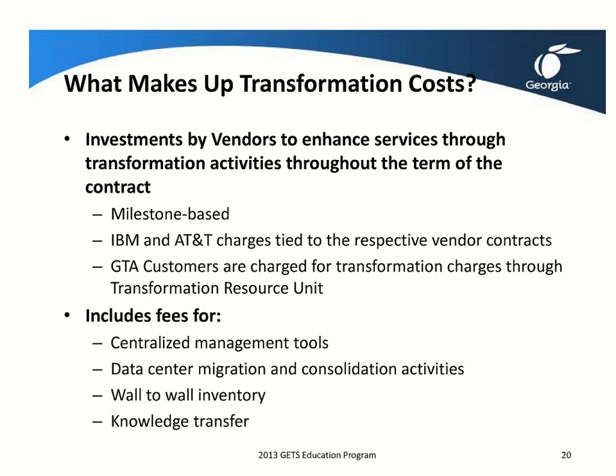IBM and AT&T charges are tied to respective vendor contracts we have, and GTA customers are charged for the transformation through Transformation Resource Unit. The transformation costs include fees for centralized management tools, the data center migration and consolidation activities, wall-to-wall inventory, knowledge transfer, and online service catalog, GSmart, etc.